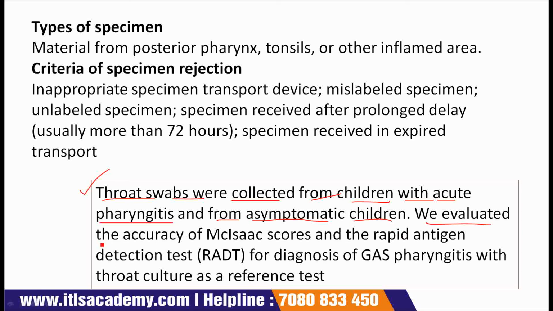We evaluate the accuracy of Maslach's scores and the rapid antigen detection test, in short RADT, for diagnosis of GAS pharyngitis with throat culture as a reference test. Antimicrobial susceptibility testing of GAS isolates was done by the disk diffusion method.